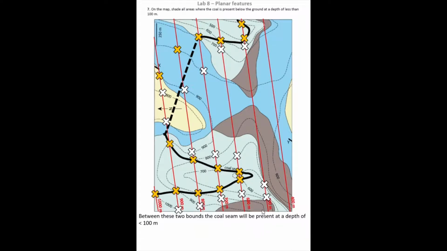So between these 2 points, the coal is present at a depth of 100 meters or less. Okay, that might take a little bit of visualization, but if you can follow the maths behind that, then you should be able to come up with something similar as an interpretation of where the coal seam can be extracted from.